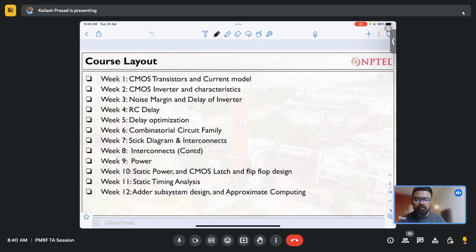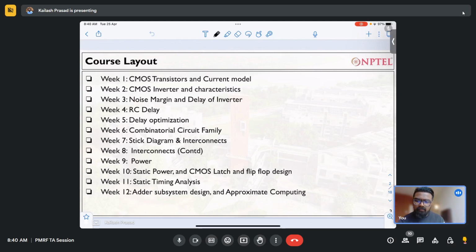We learned the CMOS latch and flip-flop design, and we did static timing analysis, because timing is one of the key constraints. You have to make sure that whatever circuit you are designing, every signal reaches at the correct time. And if it falls within the violation windows we discussed, like setup and hold, there can be a problem of metastability, the output won't be correct, and the data gets lost.